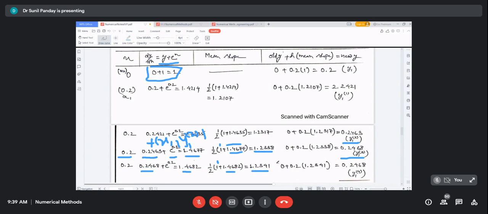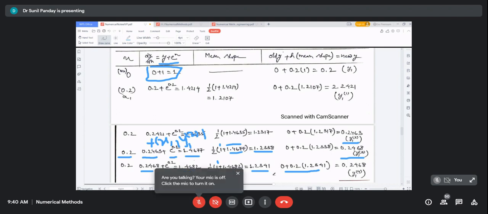This is the fourth updated value of y1. And you can see that the last four digits of y1 third updated and y1 fourth updated are the same. So we will stop here for updating the value of y1.